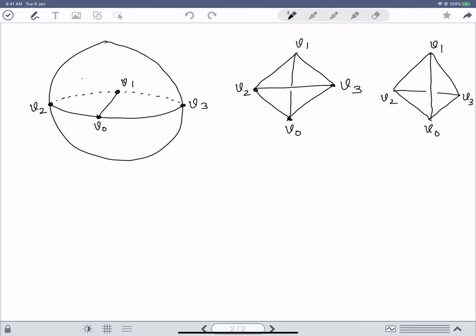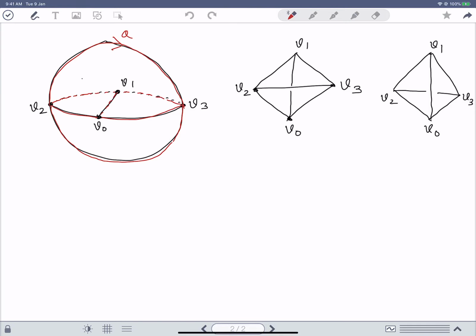Okay. Now we have edges, so we can take these as red edges. So this is one edge, this is one edge, right? So this is one edge, this is one edge, this is one, and this one is another edge, right? So we can call this edge A. Suppose this is my edge A. Okay.